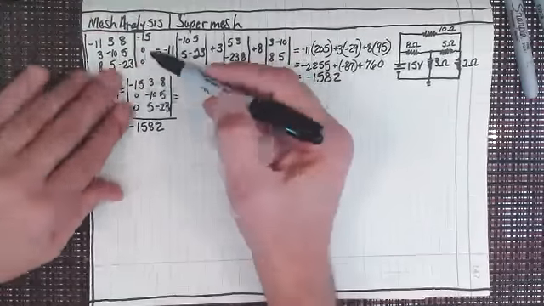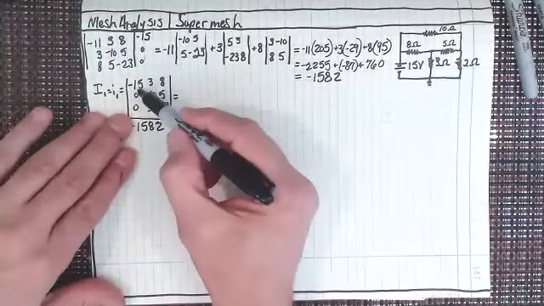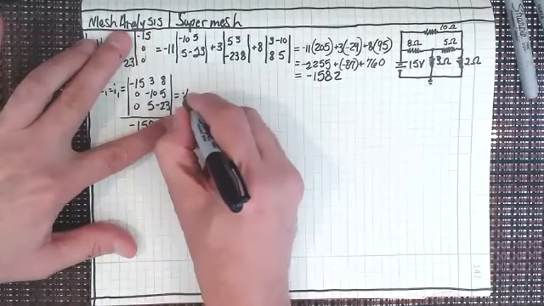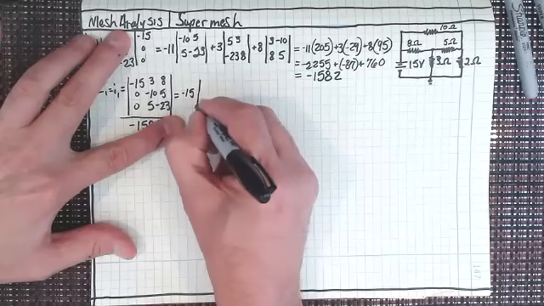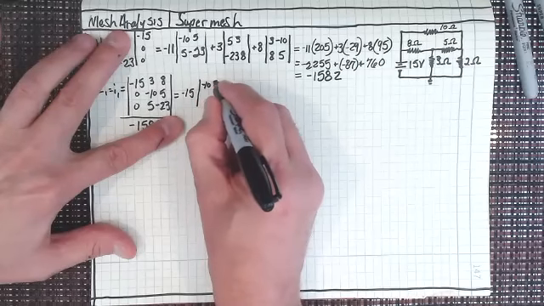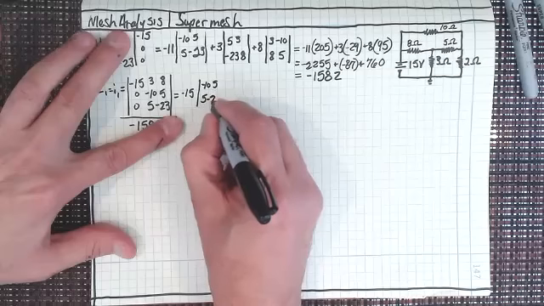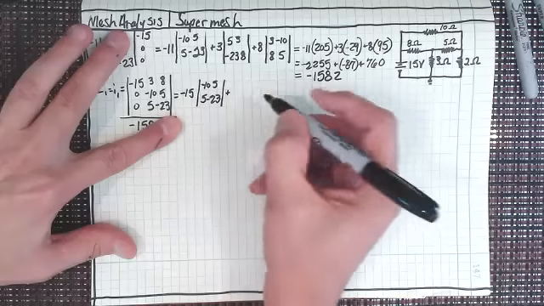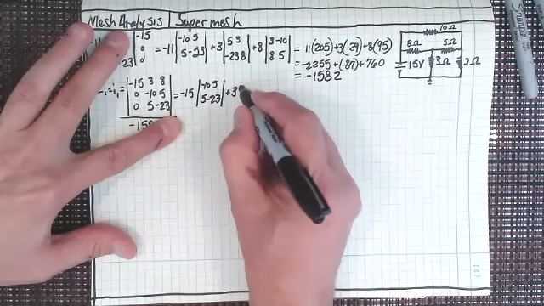So if I wanted to do this, I would have 15 times this. So let's just write those. I don't want to get ahead of you. I don't want to lose anybody. Times minus 10, 5, 5 minus 23, right? So minus that plus, and now we want the 3.